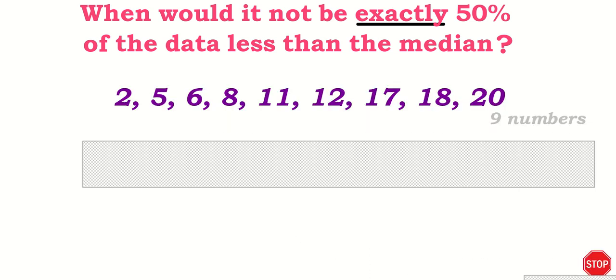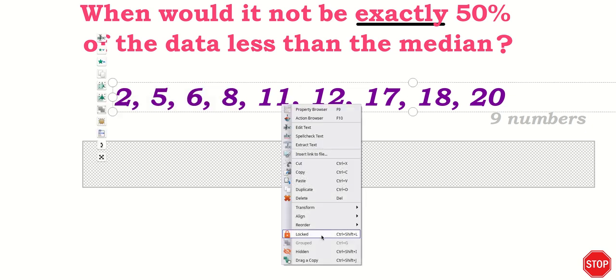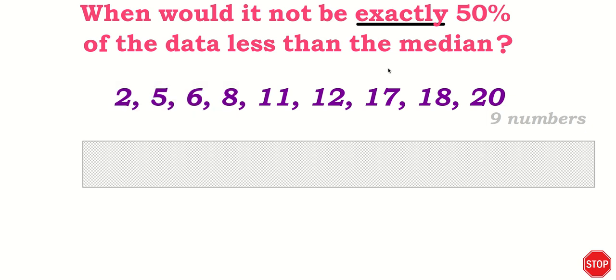Alright, I warned you. So what if you have a situation where there's an odd number? If you had 9 numbers, 1, 2, 3, 4, 5, 6, 7, 8, 9, think about what the median is. The median here is going to be the middle one, because you'd have these 4 numbers, and then the number in the middle, right?